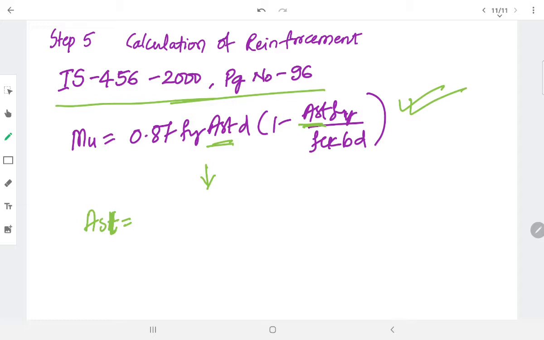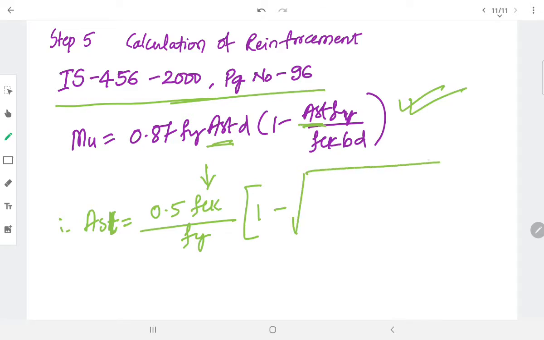Here I'll write: AST is equal to 0.5 Fck divided by Fy into bracket 1 minus root of 1 minus 4.6 Mu divided by Fck b d square, whole bracket, into b into d. This is the simplified equation. When you calculate AST from these two equations, you will get the same answer.